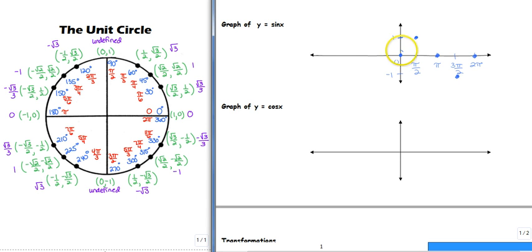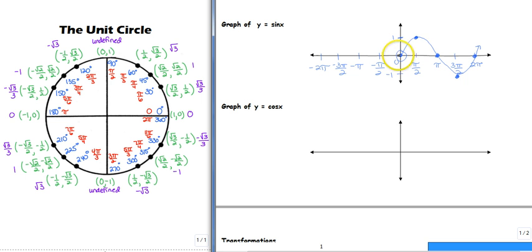Your sine graph starting point is always going to be at 0, 0 until we have shifts coming, which will come later. Goes up, down, down, up. And it's going to continue in that direction the whole time. It's always going to follow that pattern. So if I go in the other direction, go to 2 pi, halfway is a negative pi over 2, a negative 3 pi over 2.